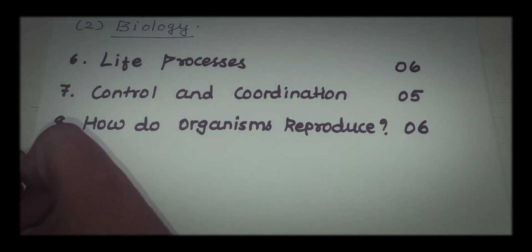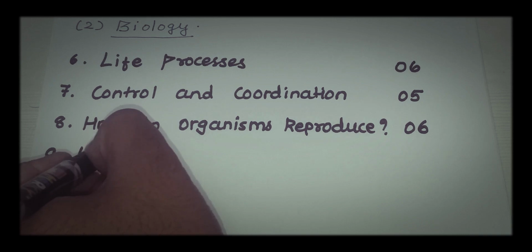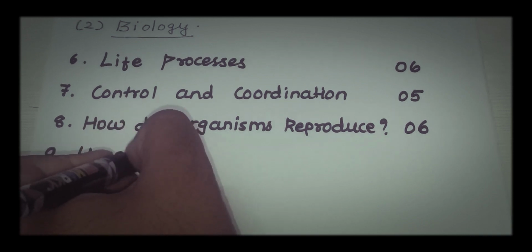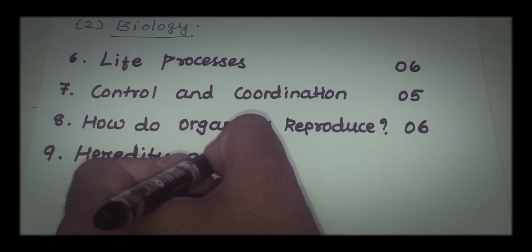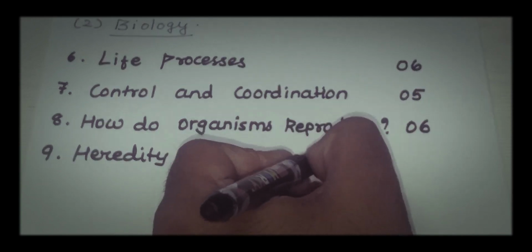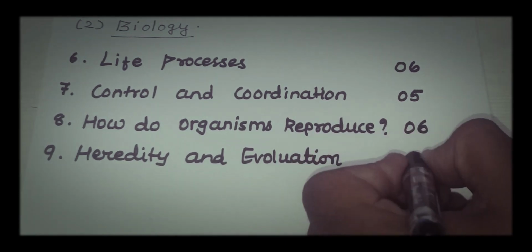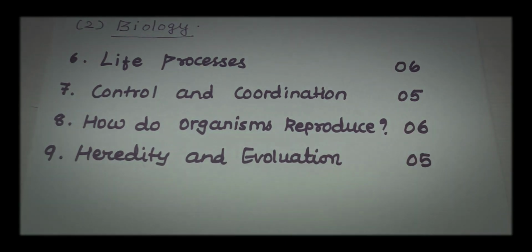Then the ninth chapter is heredity and evolution, and the weightage of this chapter is 5 marks.